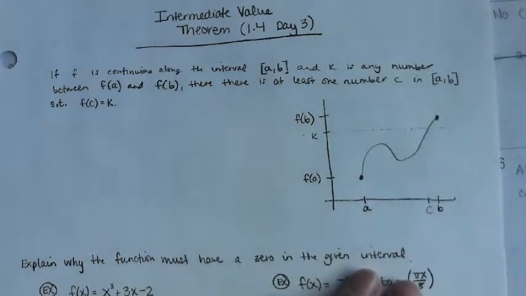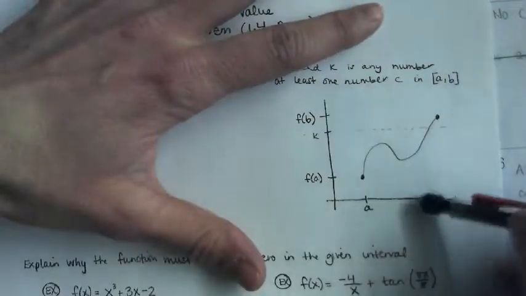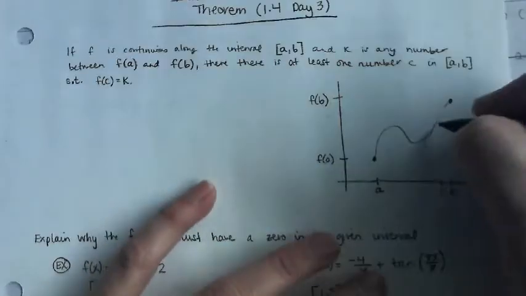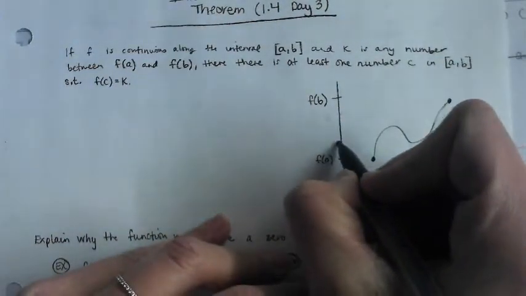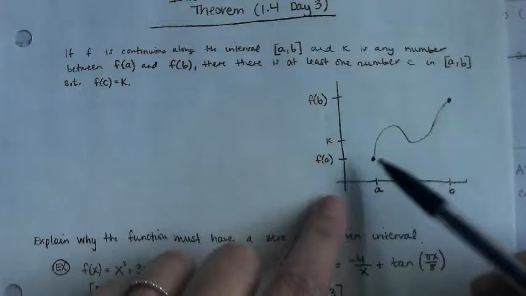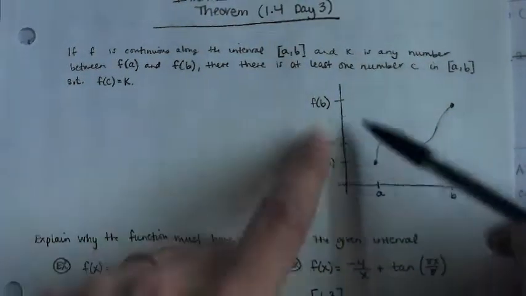Does anybody have 2 c values from their graph? Because I could change the location of my k to being like down here. So I still have my same continuous function. I'm picking a different k between f of a and f of b.